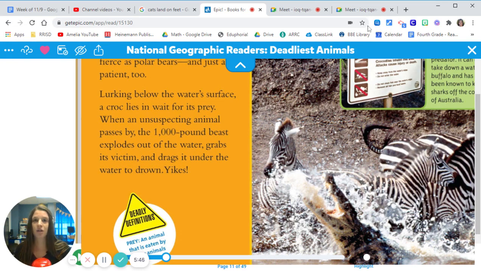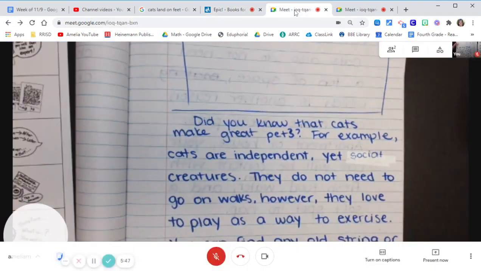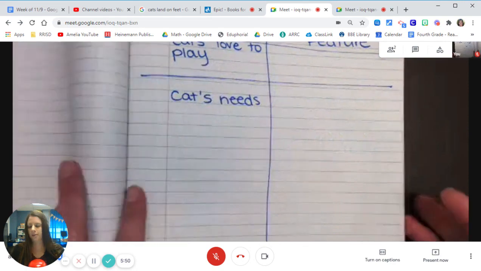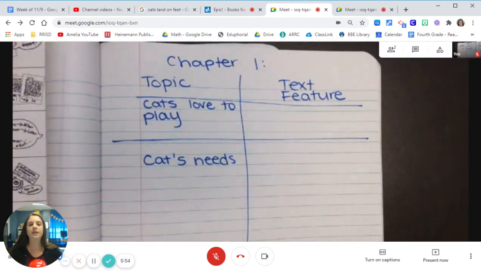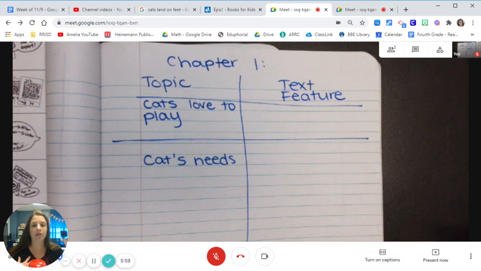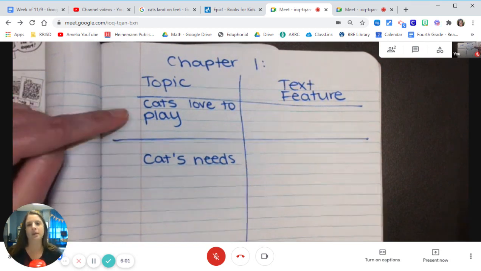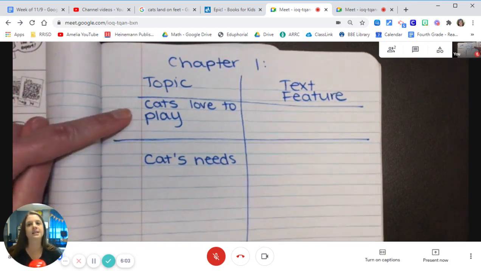So writers, as I'm reading this, I'm getting even more ideas for some different text features I might want to include in my writing. So what I'm going to do is start to plan some of this out so that when I continue drafting and then eventually publish, I will know which text features will help my reader learn about my topic the most. So one of my topics in chapter 1 is that cats love to play.